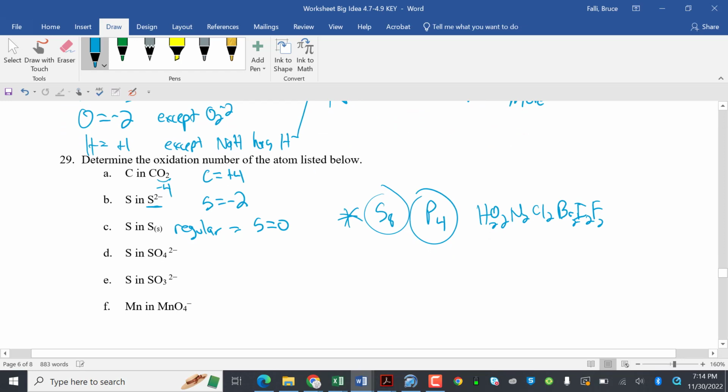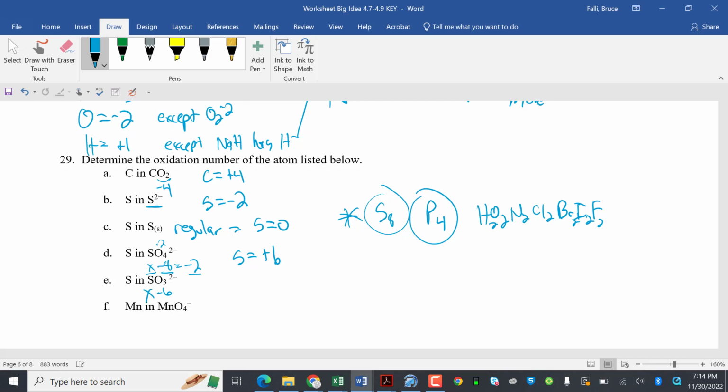So oxygen here, each oxygen is -2, so there's -8. So X minus 8, whatever sulfur is, equals -2. So sulfur has to equal +6. 6 minus 8 is -2. S in SO3 -2. So I have 3 -2s, that's -6. So sulfur, whatever it is, X minus 6 equals -2.